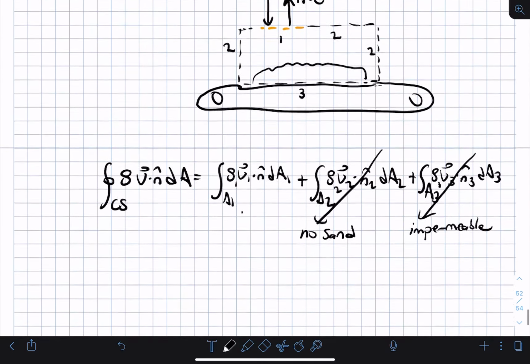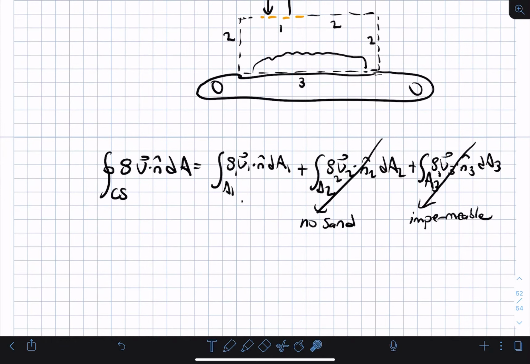And so the integral of rho v dot n hat dA is just a mass flow rate. But now there is one little gotcha here, and that is we do need to choose whether this is plus or whether it is minus.